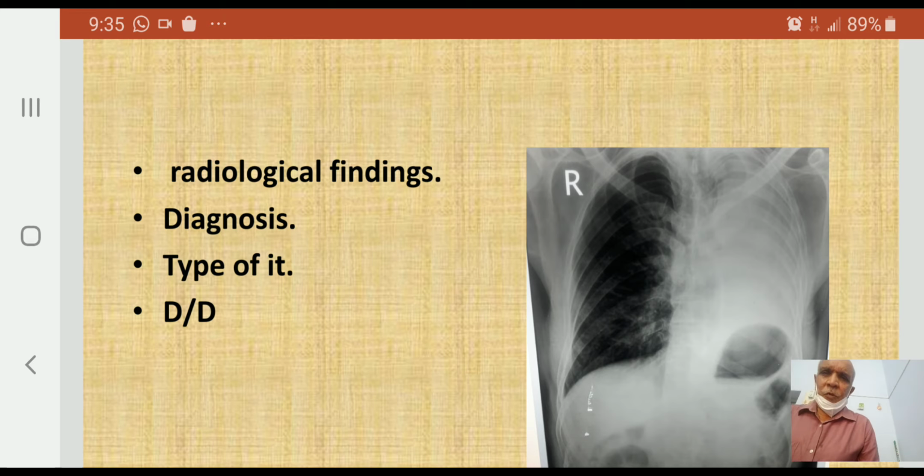This X-ray shows a radio dense opacity on the left side with trachea shifting to the same side, and elevation of the left dome of the diaphragm upward, and the gas shadow is up.